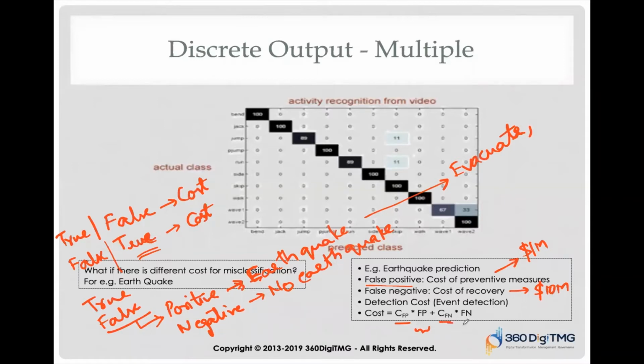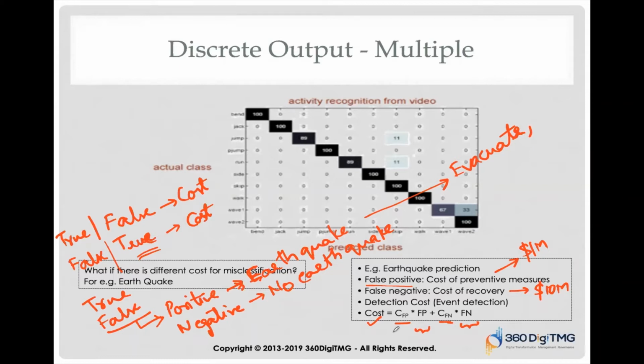In this case, it's 10 million, multiplied by how many cases in your test data fell under false negative. When you solve this, you get the overall cost, right? So that is how you look at the cost associated with an earthquake occurring or not occurring.